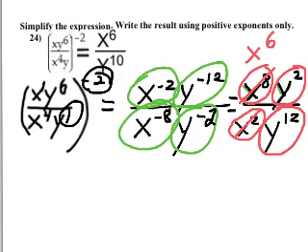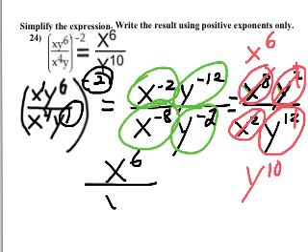We can cancel the other direction. We can cancel out 2 of these y's. And that will give us, in the denominator, y to the 10th. Notice we're still getting the same answer, x to the 6th, y to the 10th.